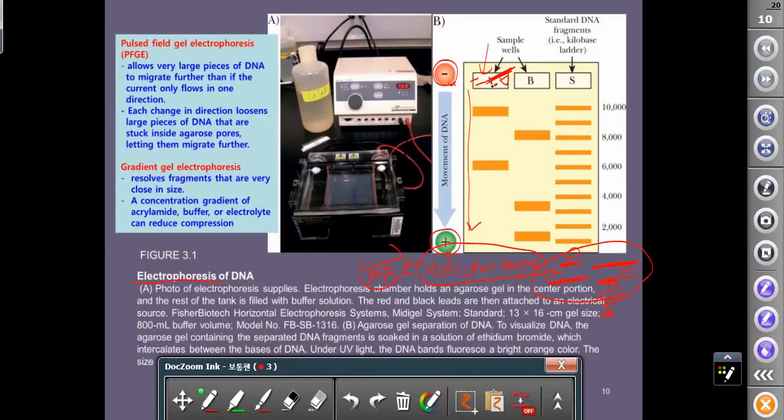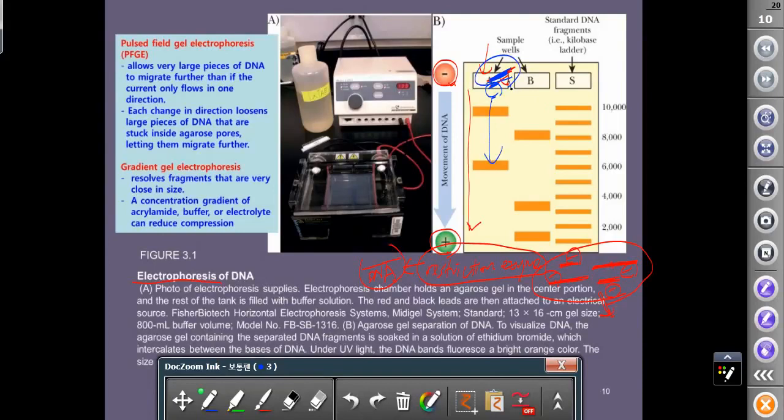Okay, let's say we have these two different fragments with two different lengths. Then this one will move faster than this one, right?